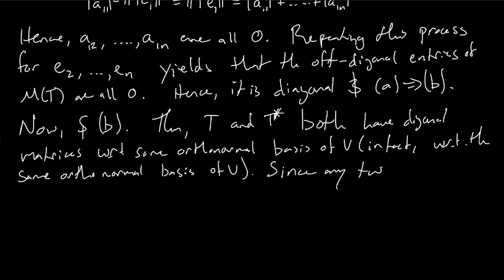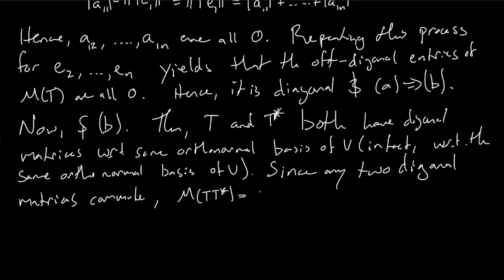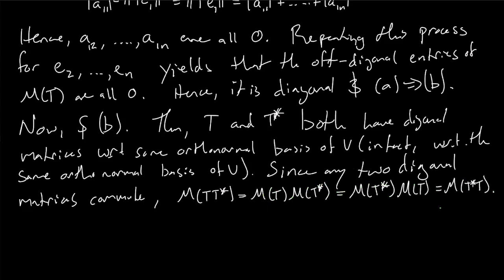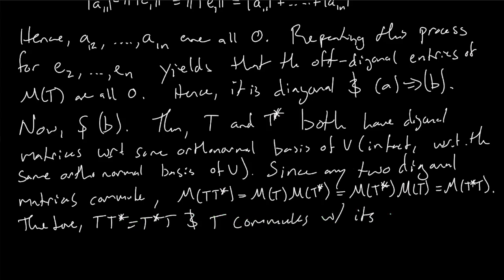Hence, since any two diagonal matrices commute, the matrix of T star times the matrix of T is equal to the matrix of T times the matrix of T star, since they are both diagonal, and that is the matrix of T star T. Therefore, T T star is equal to T star T, and T commutes with its adjoint.